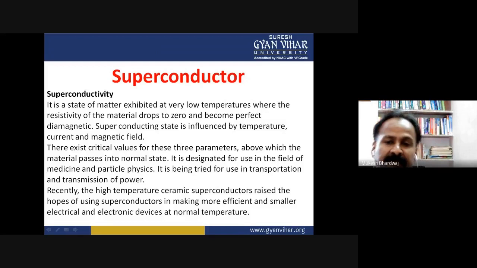There exist critical values for these three parameters above which the material passes into the normal state. It is designated for use in the field of medicine and particle physics. It is being tried for use in transportation and transmission of power.